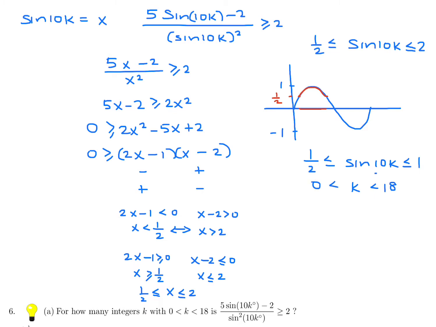Okay, so that means 10k would be between 180 and 0. So that's my range for 10k. Now I've got to figure out which values are going to give me this range right here between 1/2 and 1. Well, let's just look at 1/2.